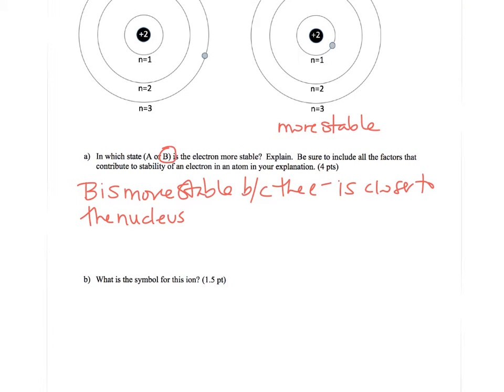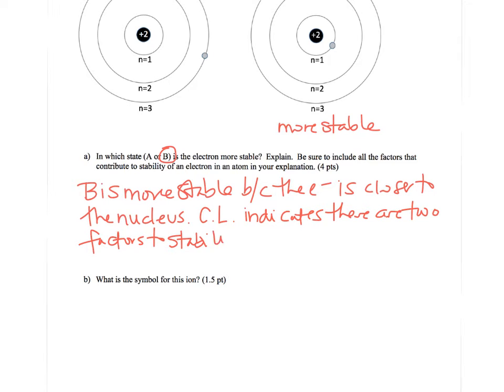You had to say something like, Coulomb's law indicates there are 2 factors to stability. And that would be charge acting on the electron and the distance between the charges.